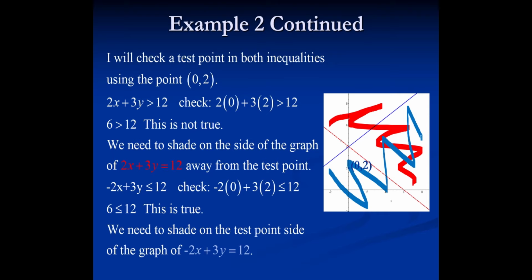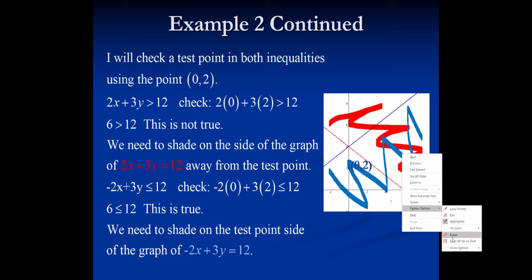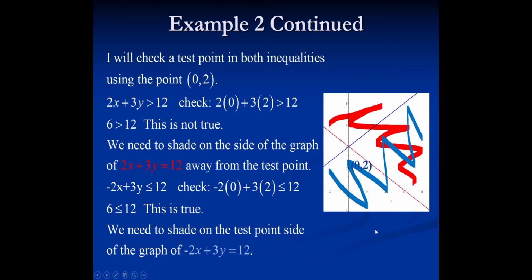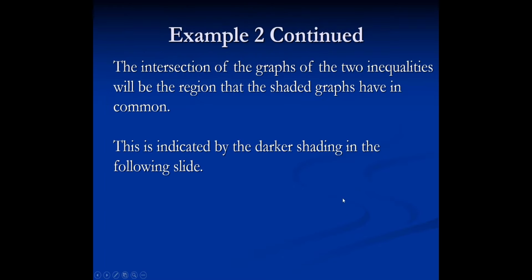And now what we got to do is figure out what they have in common. Well, you can see they're going to have this part right here in common. So let's get my pointer back and go on to the next one. So the intersection of the graphs of the two will be the region that is shaded that they have in common.